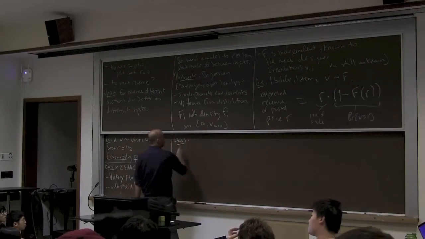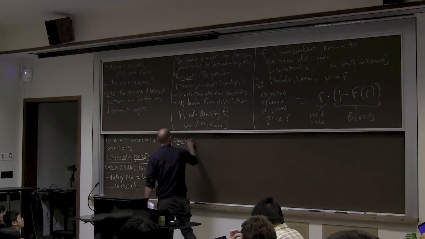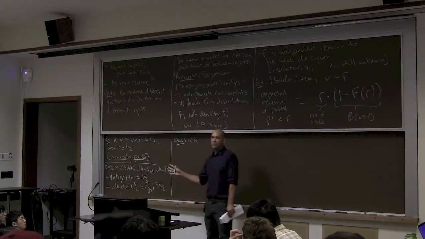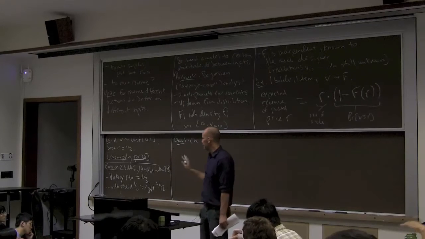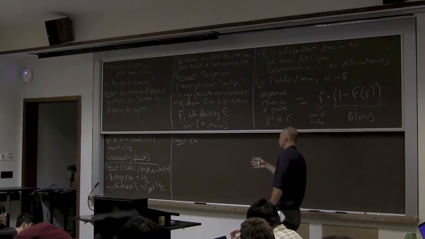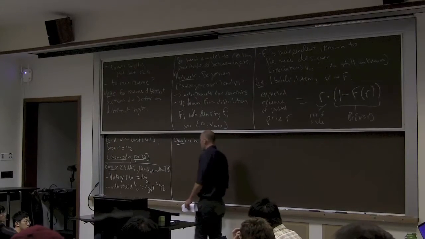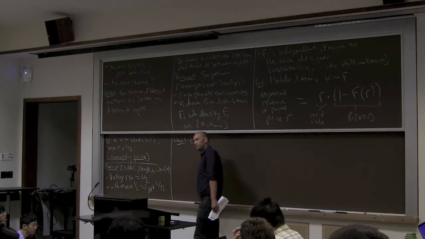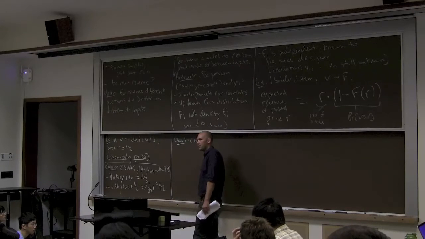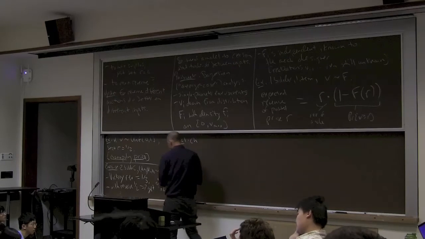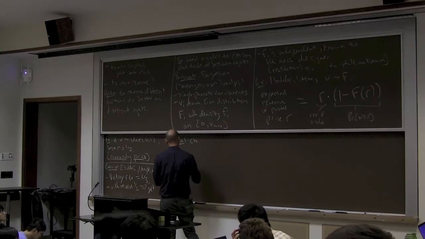So if we want to be ambitious, then the goal should be, for any situation, any single parameter environment, not just single item auctions, any distributions, not just IID distributions, to characterize what the optimal auction is. Figure out the auction that maximizes the expected revenue with respect to the distributions F1 through Fn.